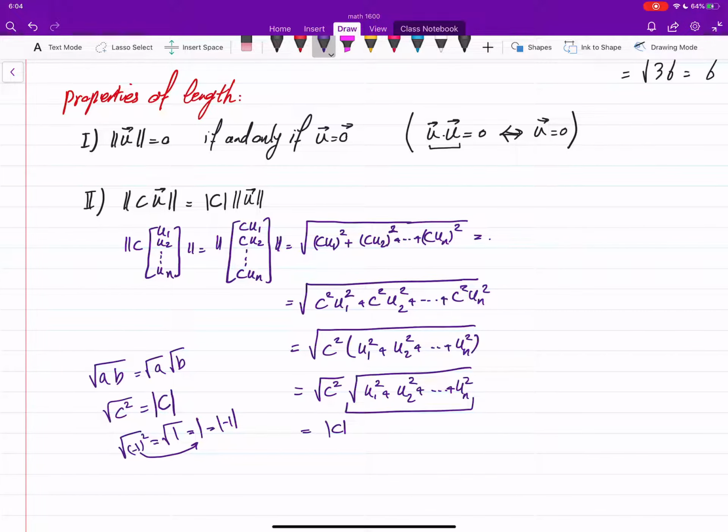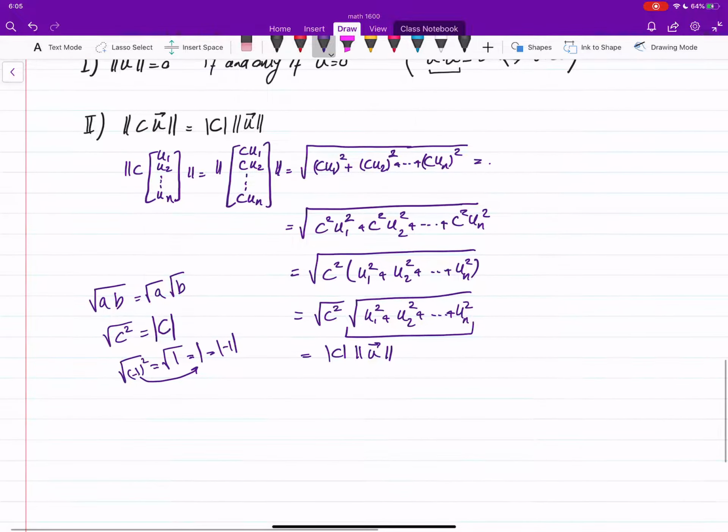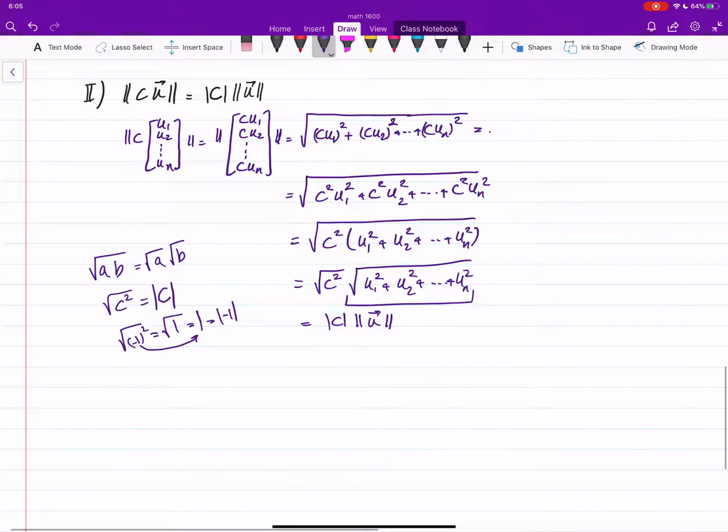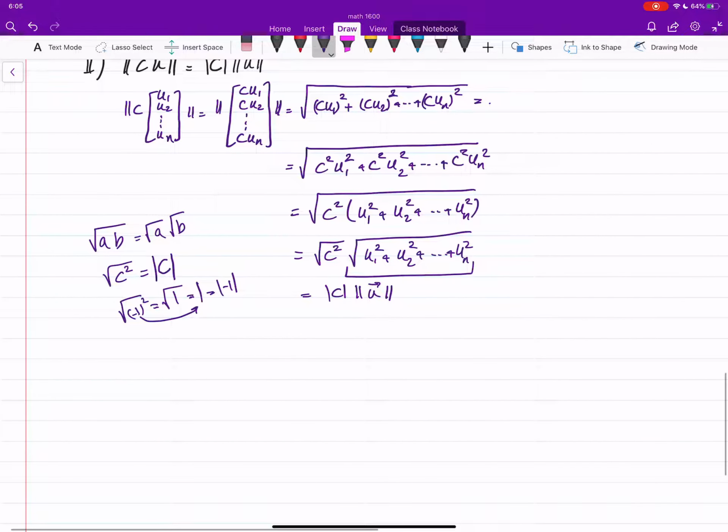And this is, by definition, the length of u. So that is how scalar multiplication and the length of a vector are related. The third property, which we will prove later, is called the Cauchy-Schwarz inequality.